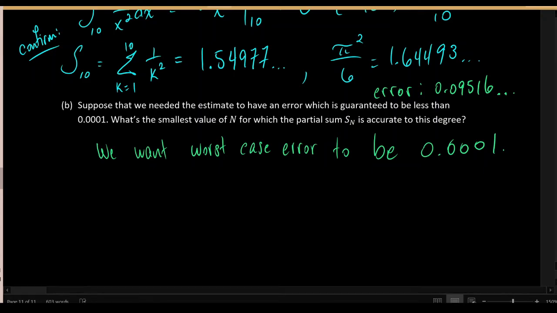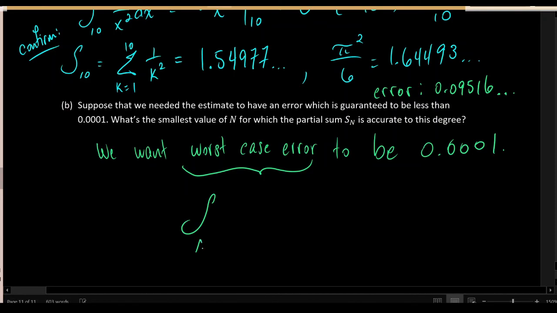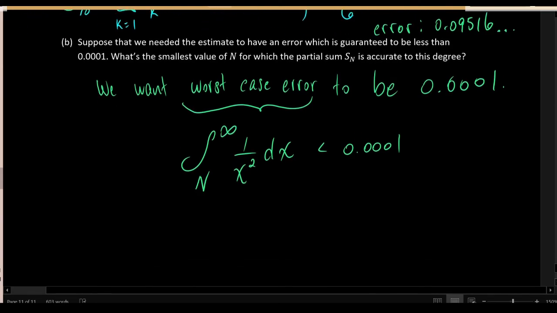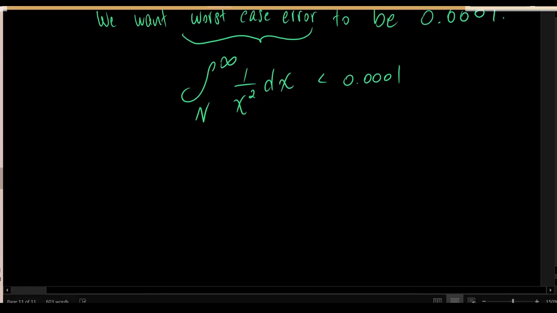0.0001. Now the worst case error is given by the integral from capital N to infinity of the function representing our sequence. So let's see if we can simplify and evaluate the integral on the left side, and let's see if we can get an estimate for the value of n which makes this inequality true.